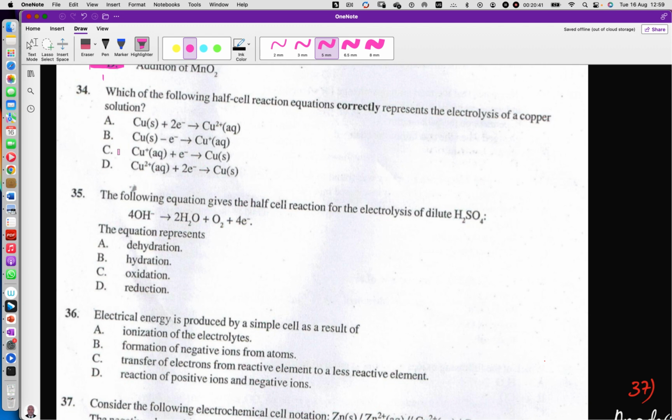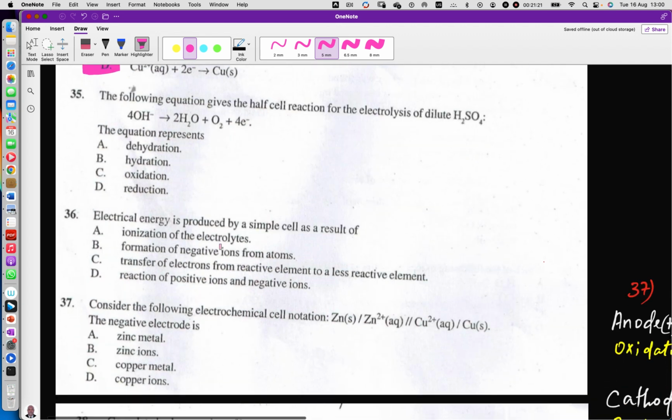So D, copper 2+ in solution, will need to gain back electrons to be reduced to copper metal that will be deposited at the electrode. In that case, D is the right equation. So D is the right answer for 34.